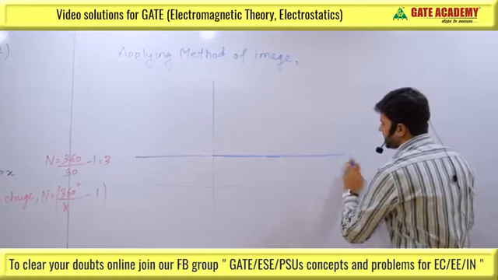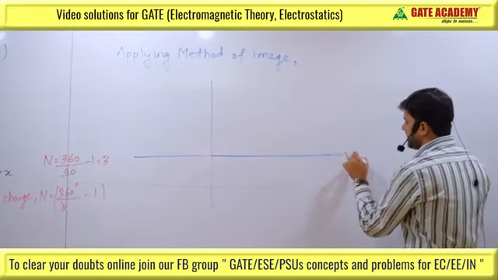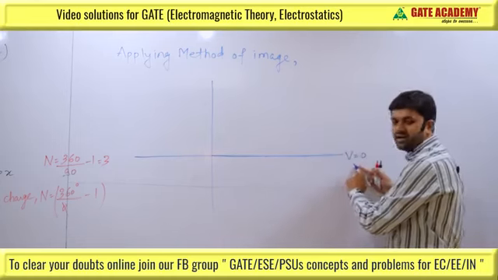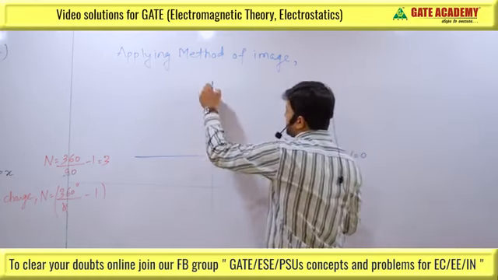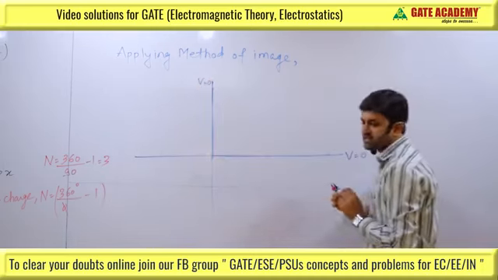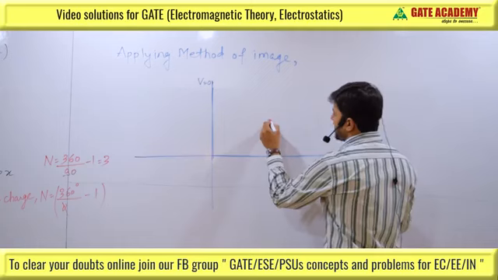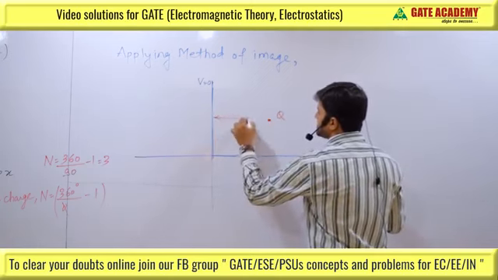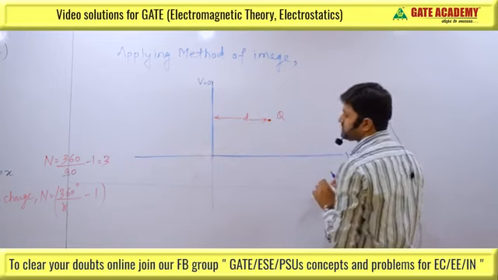By applying method of image we will get it as an equipotential surface. We are replacing this conducting sheet by an equipotential surface, and this also by an equipotential surface. And we have charge here plus q at distance d.